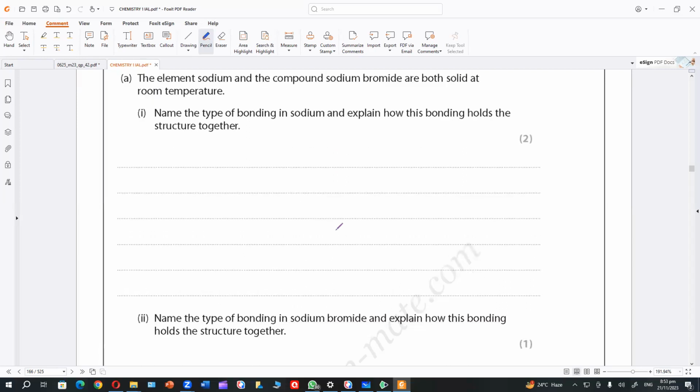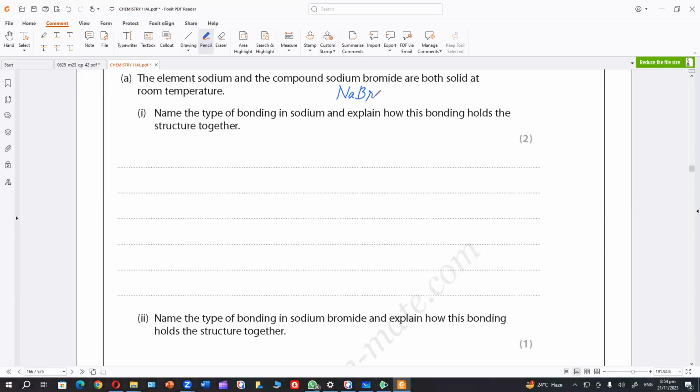The element sodium and the compound sodium bromide are both solid at room temperature. Name the type of bonding in sodium and explain how this bonding holds the structure together.